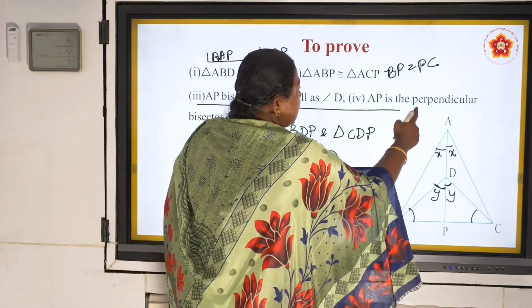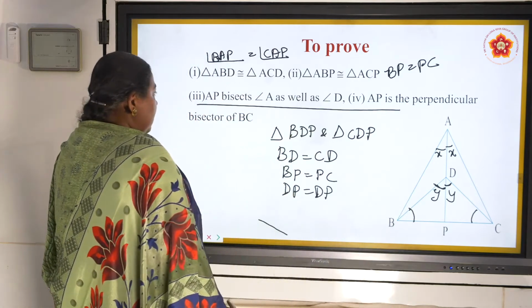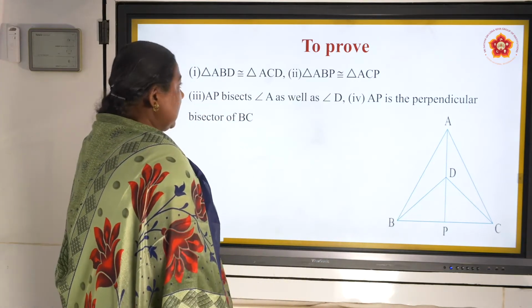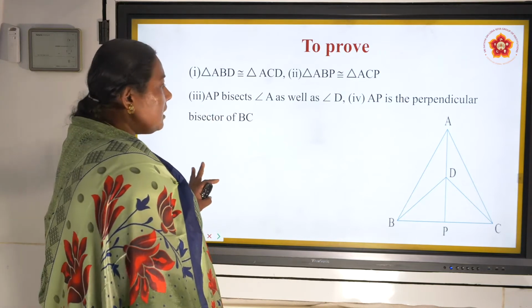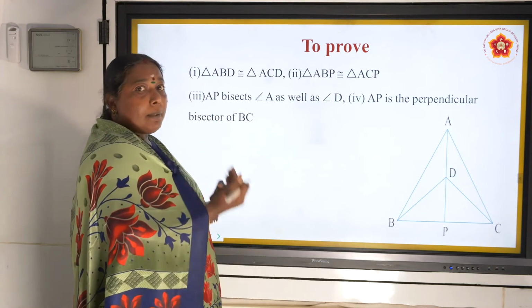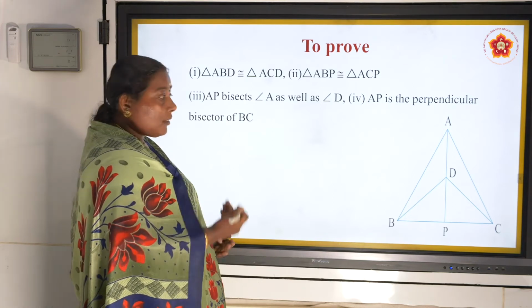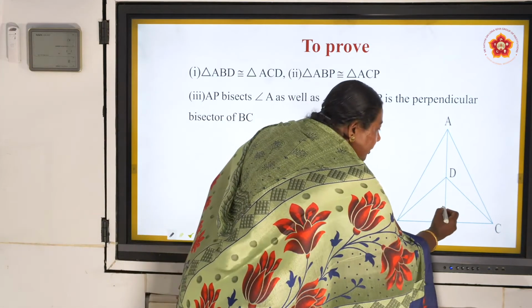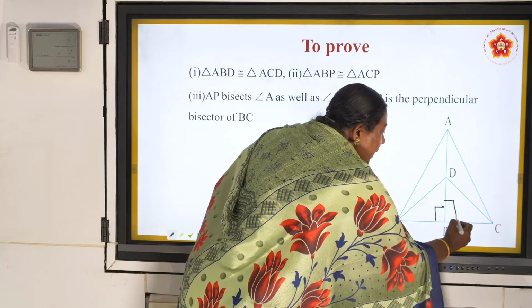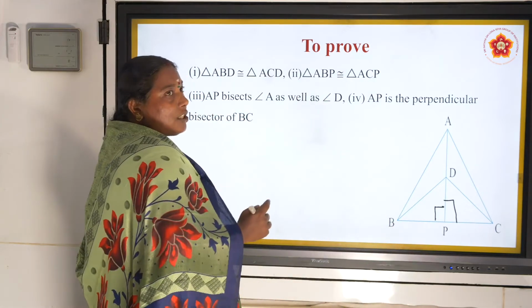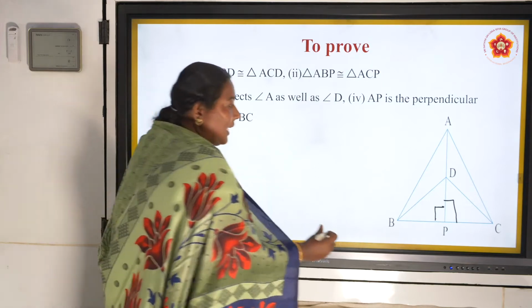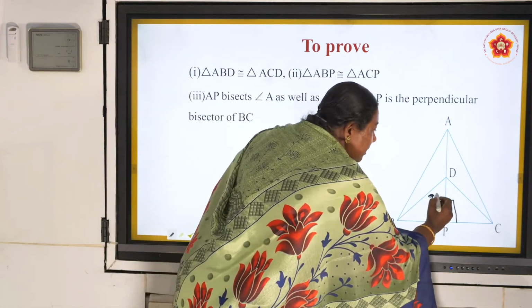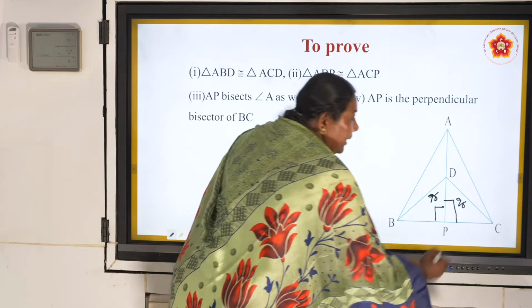Fourth one, AP is a perpendicular bisector of BC. What is meant by perpendicular bisector? If I am reaching from a vertex to another point in such a way that I am dividing perpendicularly, I have to show that this is 90 and this is also 90.